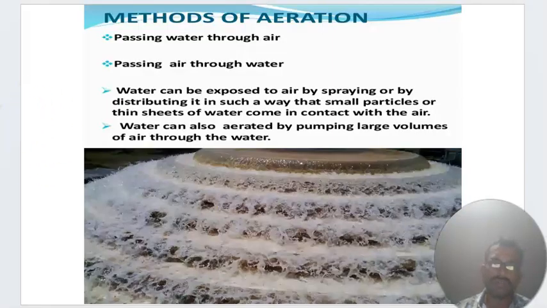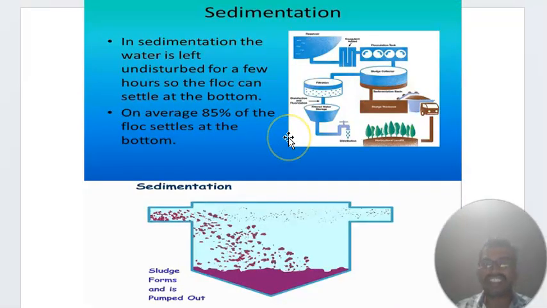Now going to the method of aeration. Aeration is also one of the best water treatment technologies. It is simply the removal of gases: carbon dioxide, if it is present in the water, should be removed, and methane and other gases should be removed by the aeration technology. Now the next method is sedimentation. What is the main concept?